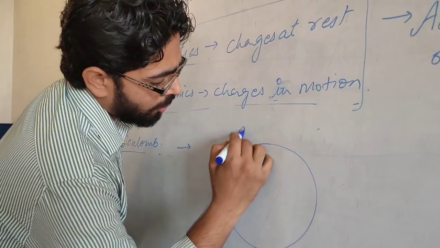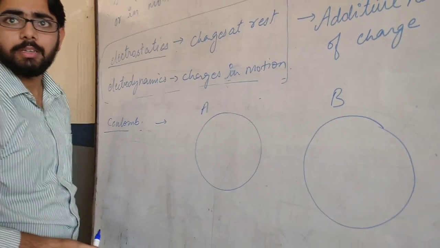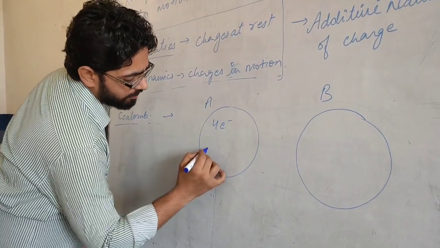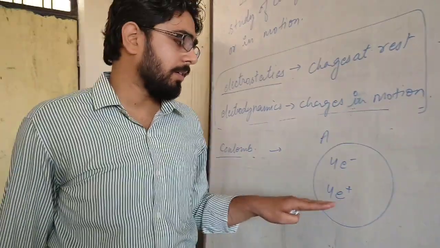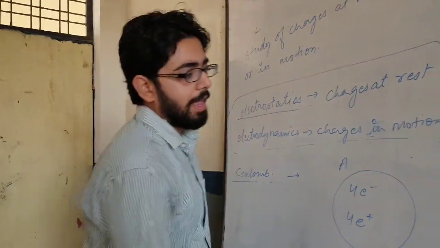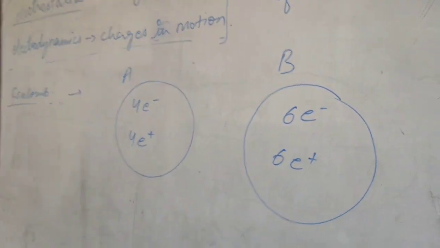Okay. So how does this charge come into role? We will see with one example. This is an object A, another object B. A has 4 electrons and 4 protons; I am symbolizing electron with e minus and proton with e plus. B has 6 electrons and 6 protons.